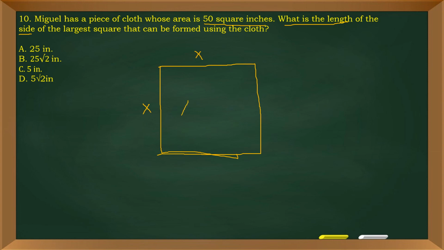But remember, in solving for the area of a square, that is s squared. So, A is equal to s squared. But in this case, ang side ngayon ay represented by x. Kaya, palitan natin ng x yung s, x squared. And its area is 50 square inches.